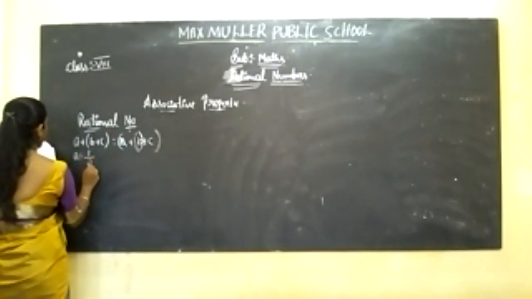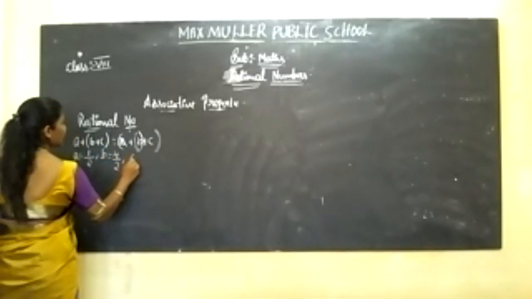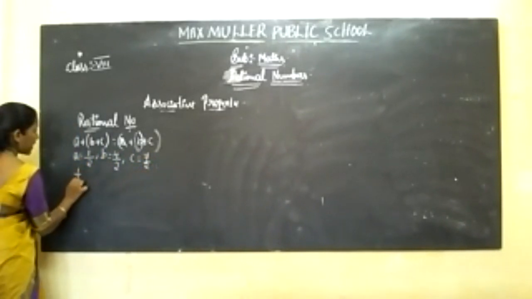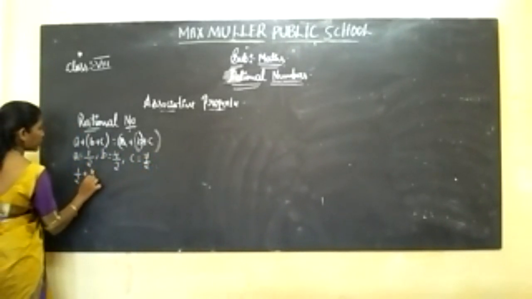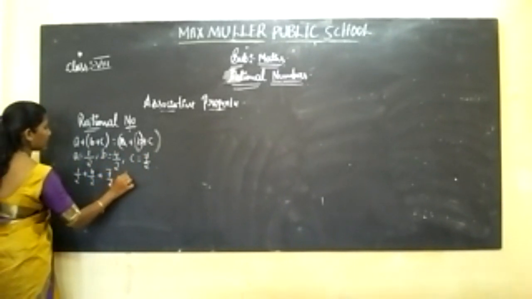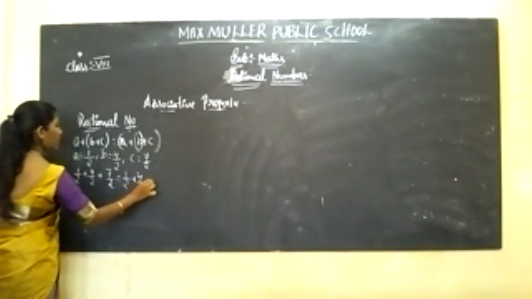So a is equal to 1 by 2, b is equal to 4 by 2, and c is equal to 7 by 2 you are taking. So (1 by 2 + 4 by 2) + 7 by 2, same thing you write this side also. LHS and RHS should be equal.